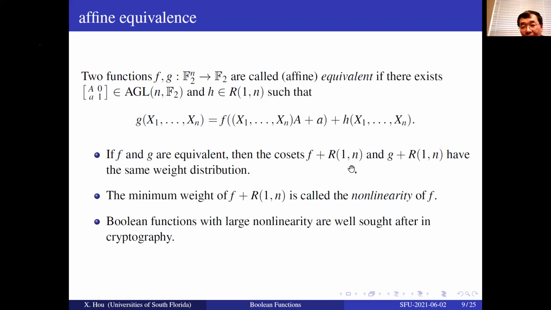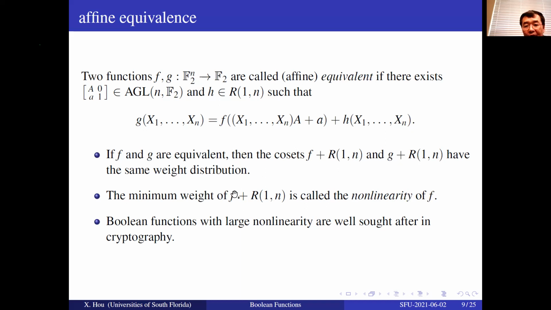And this is easy to see, because if you apply an affine transformation, you're just going to shuffle the elements in the first order Reed-Muller code. And if you add another element in the first order Reed-Muller code, you're again just shuffling the elements in the first order Reed-Muller code. And this is the reason that the cosets of F and G have the same weight distribution.